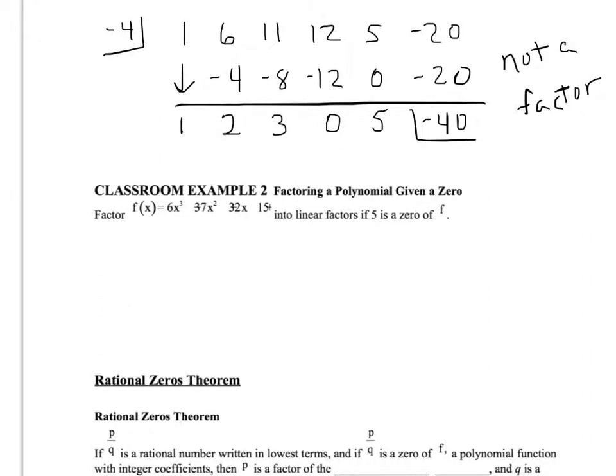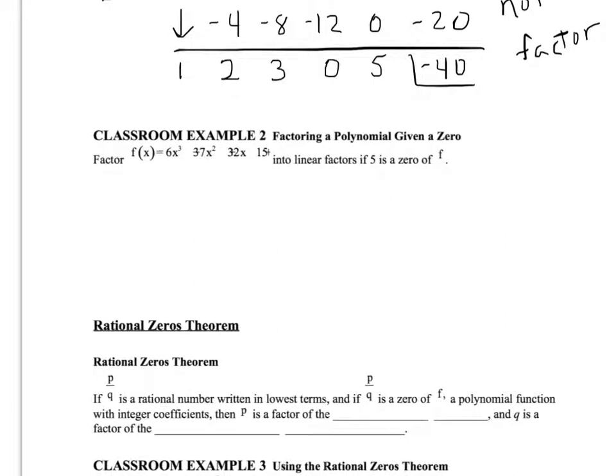Okay, now we will test to see if we can factor a polynomial completely, provided we have been given one of the zeros. So in other words, we'll start with synthetic division, and then we will see if we can get it down to something that would be quadratic in nature, because we do know how to factor quadratic equations.